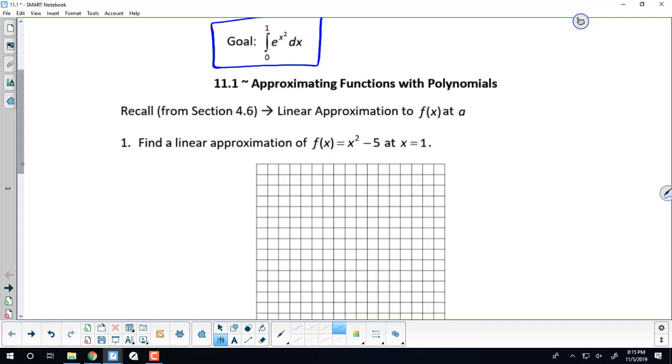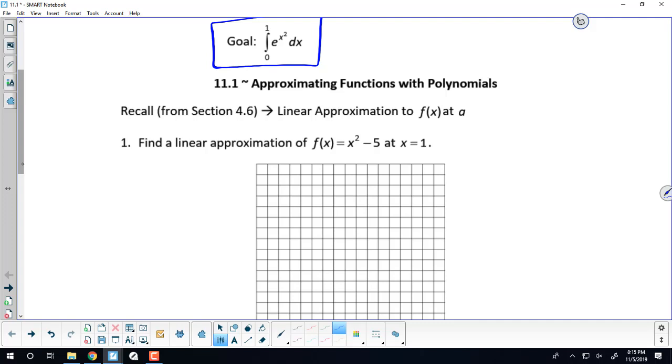And you might remember, especially from this textbook, if you took Calc 1, that the linear approximation was mentioned in 4.6. But the linear approximation to a function at some value a is just using the equation of the tangent line to approximate the function.